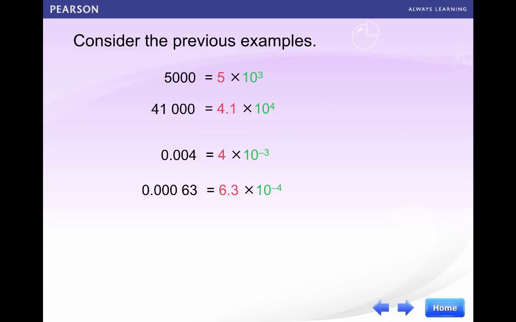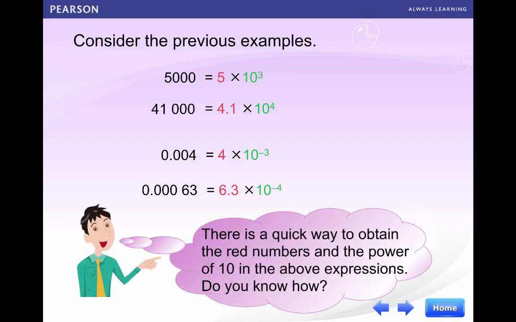So previously we used these examples, and there is a quick way to obtain the number. Do you know how? You can count the decimal point. You move 3 places to the left for 5,000, because originally there is a decimal point at the end of this number.